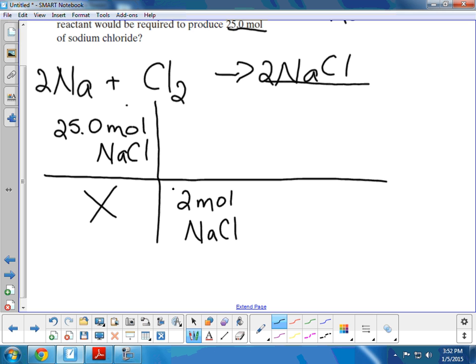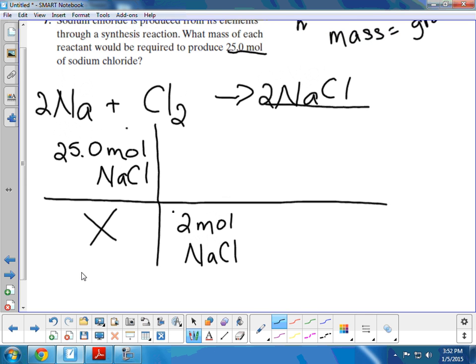NaCl. All right, well, what am I trying to find? It wants to know how many grams of each reactant, so I'm just going to start with my first one, and we're going to say Na. So if I look at that, I know I have 2 moles of Na. In the last problem, this is where we stopped, because it asked for moles.